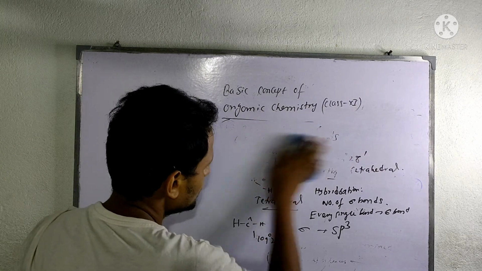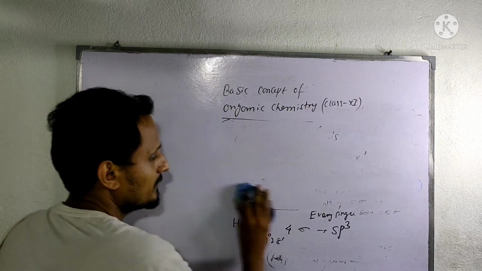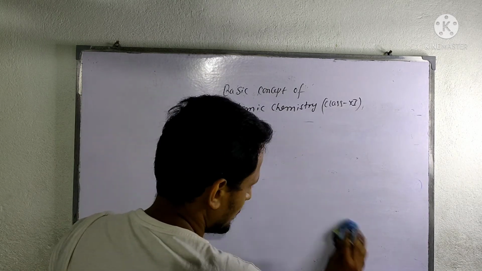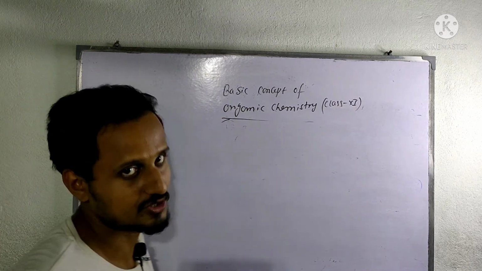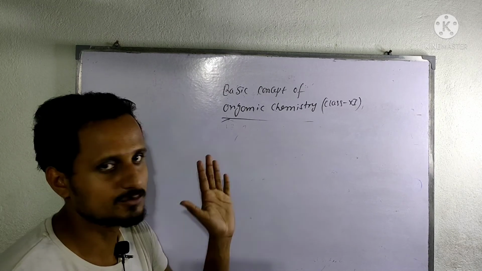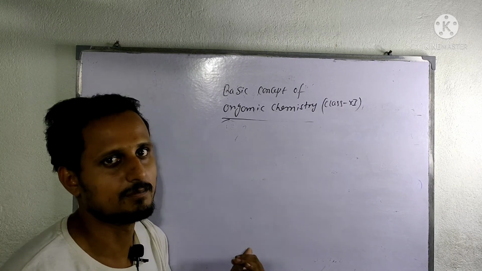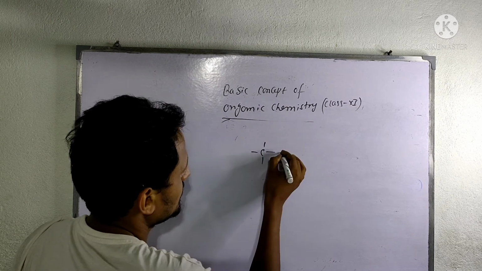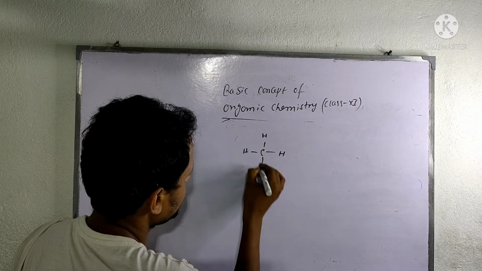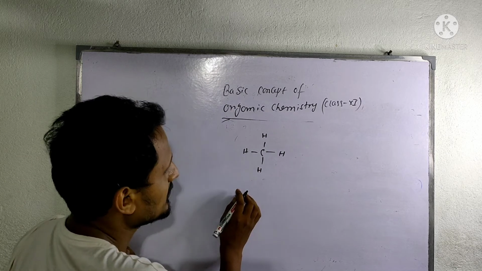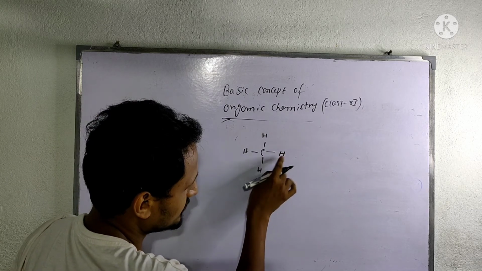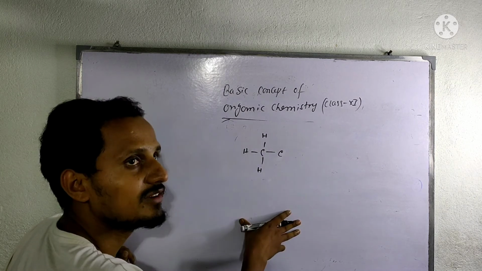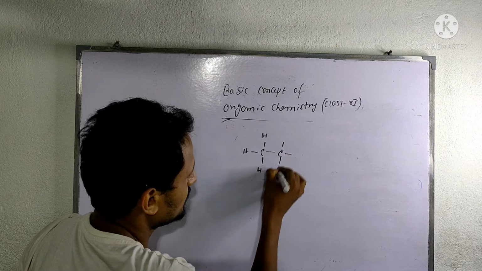Now carbon, by its valency of 4, can form chain-like compounds. So we have to prepare the structure of the compound. Today we will discuss up to the structure of the compound. This is methane. Now if we replace a hydrogen by another carbon, that carbon will have 4 valency, 1 2 3 4.